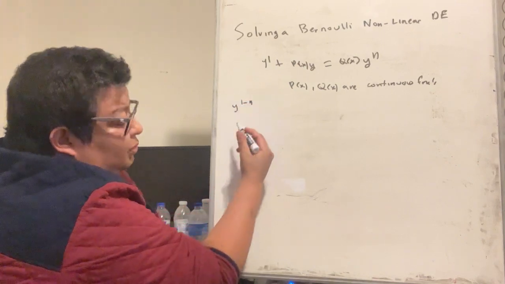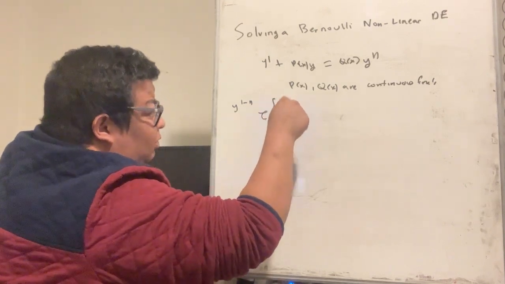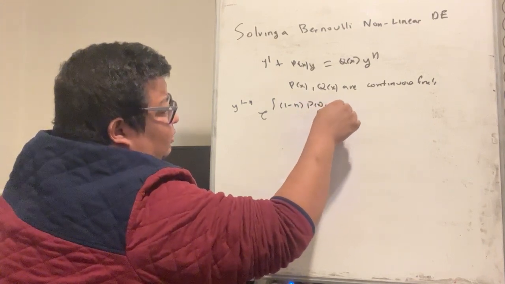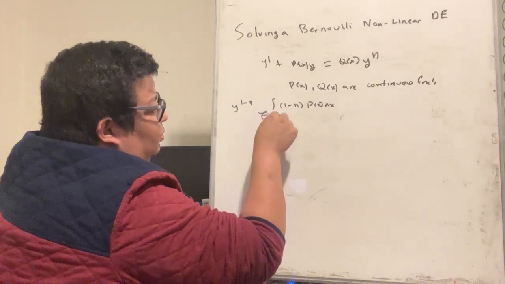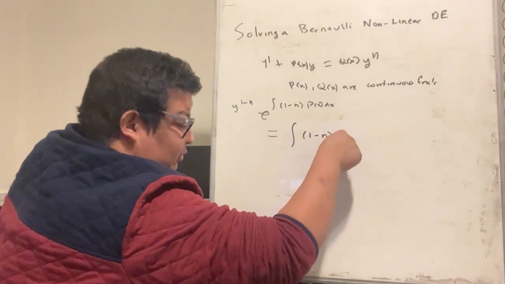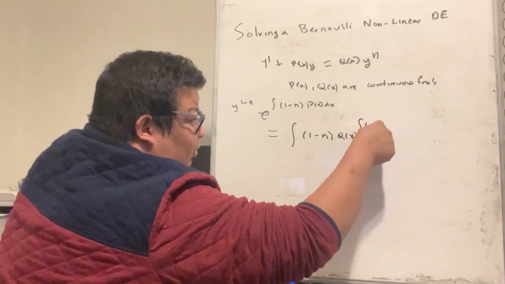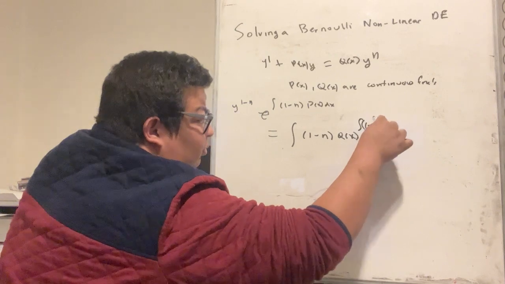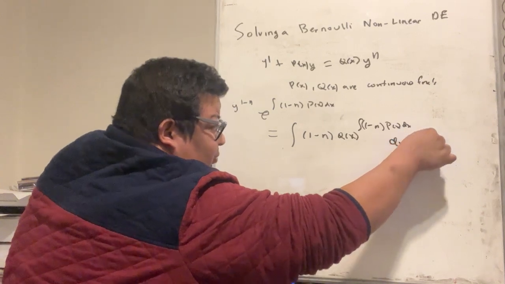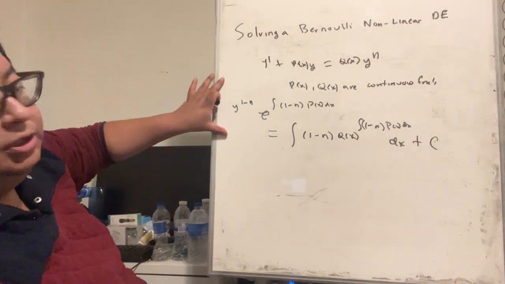The solution of a Bernoulli equation is as follows: y to the 1 minus n, times e to the integral of (1 minus n) p(x) dx, is equal to the integral of (1 minus n) q(x) e to the integral of (1 minus n) p(x) dx, plus c.